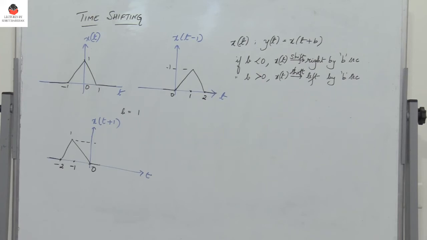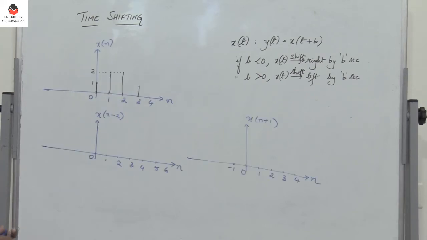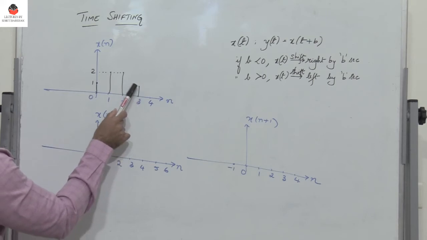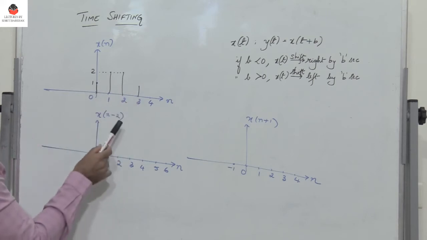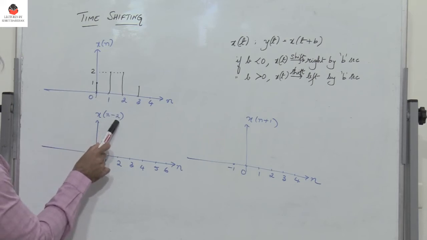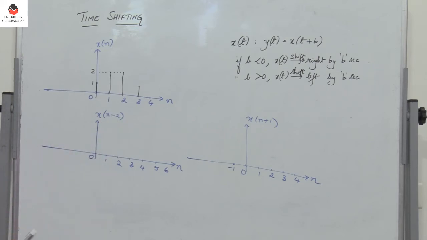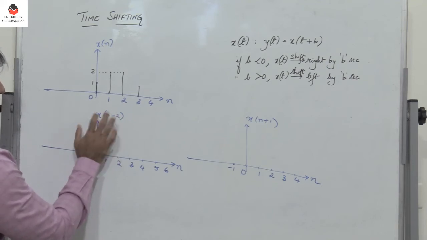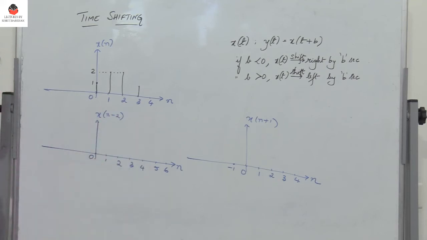Now let's take another example. So consider a discrete signal x of n where x of 0 is 1, x of 1 and 2 is 2, and x of 3 is 1. Now what happens when I have a negative value? That means x of n minus 2, that is b is less than 0. The entire signal x of n gets shifted to the right by 2 seconds.